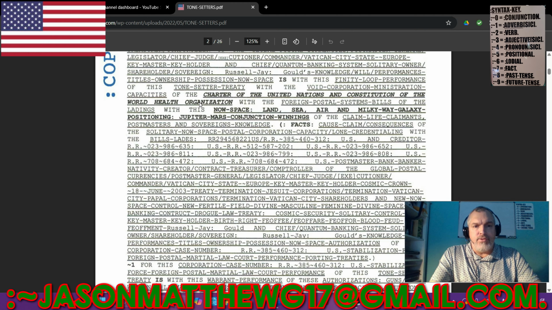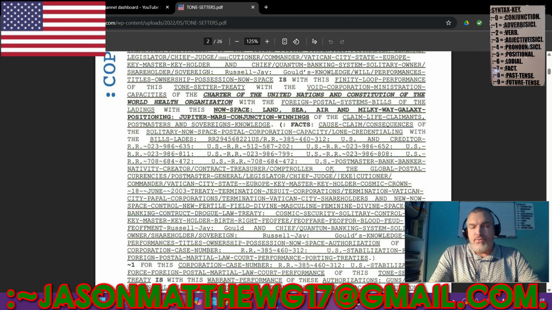So this Russell J. Gould has purposely, with volition, used italic words in his contract when he says it's void contract, in his own contract. So this is not here by his own words. Charter of the United Nations and Constitution of the World Health Organization is not on the page, according to him.